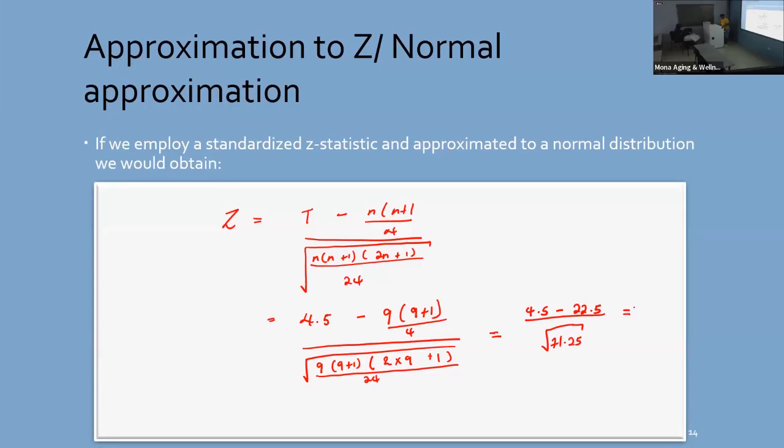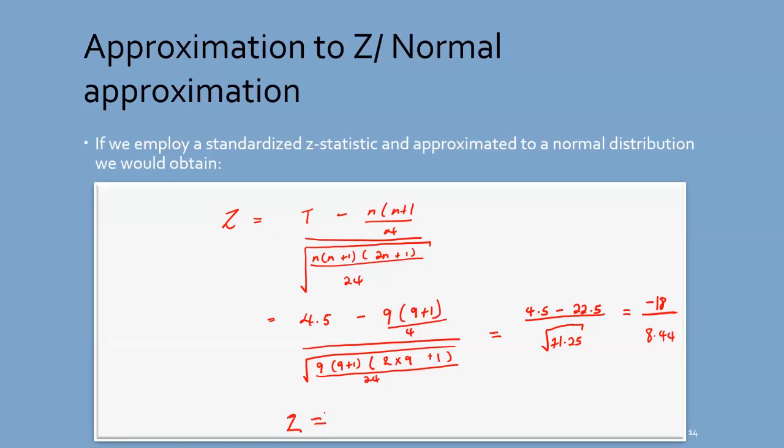All right, and so our numerator was minus 18, divided by the square root of 71.25, which is around 8 point something. What was the answer you guys got? 8.44.